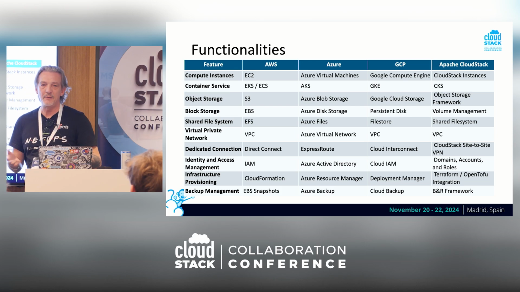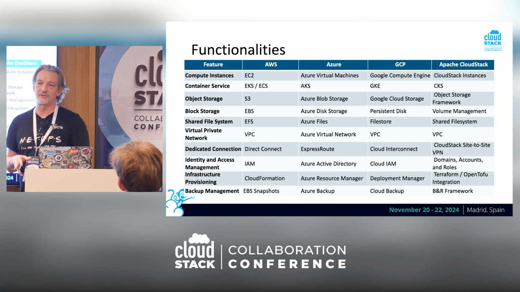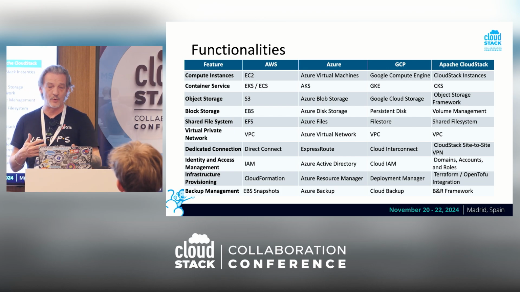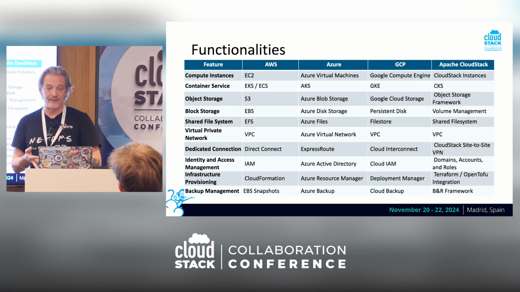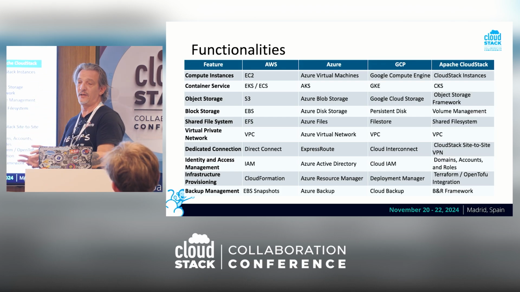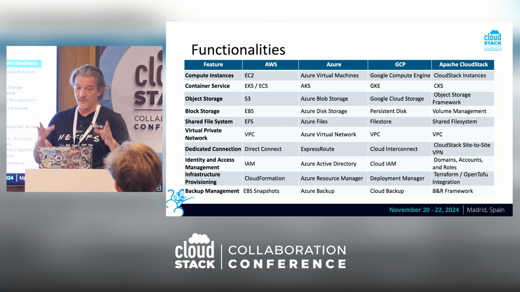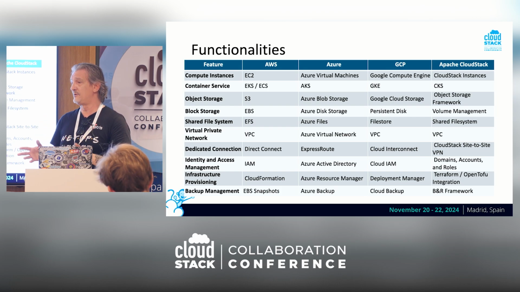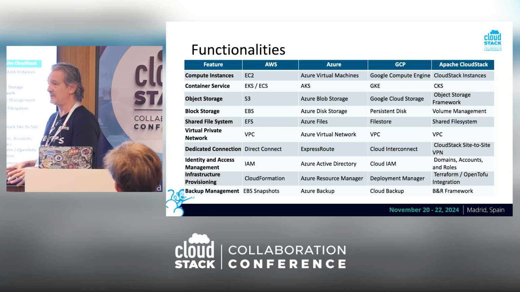So maybe 10% is things like machine learning or other things. With CloudStack, you can integrate in the same way, for example, object store, storage and backup management. CloudStack can integrate them, but you need to do some work to have it working like the hyperscalers. But in general terms, CloudStack offers 90% of the services companies need.